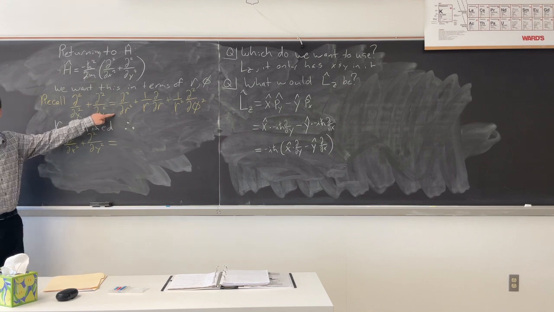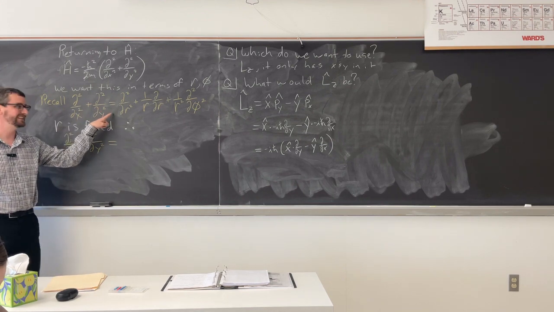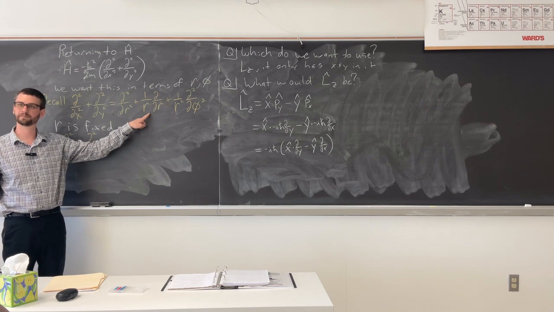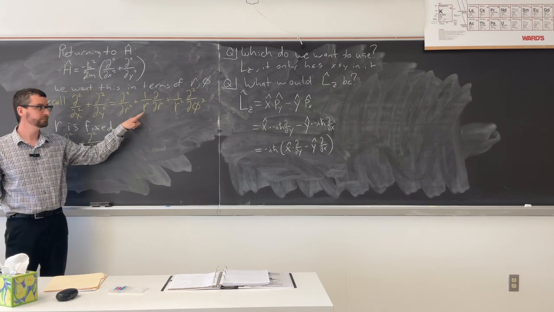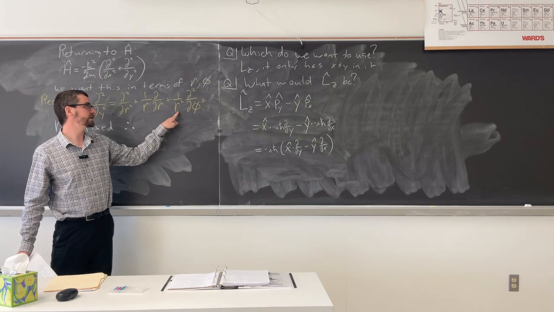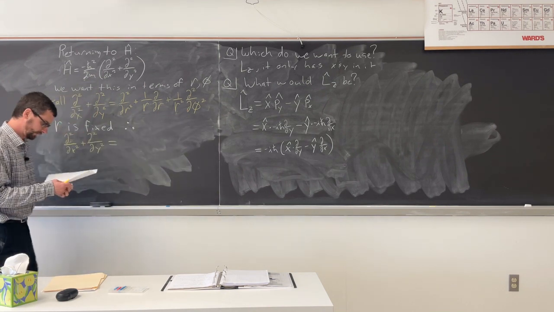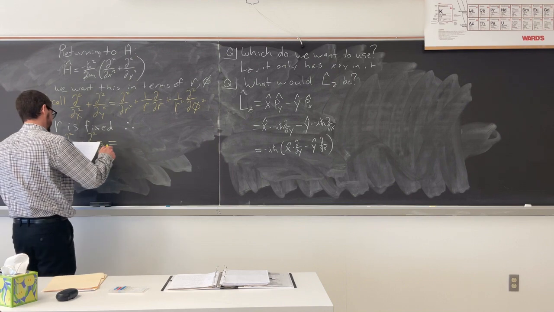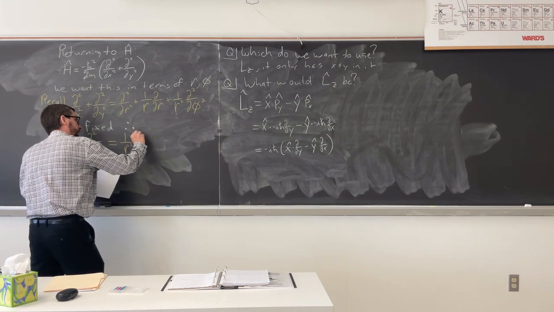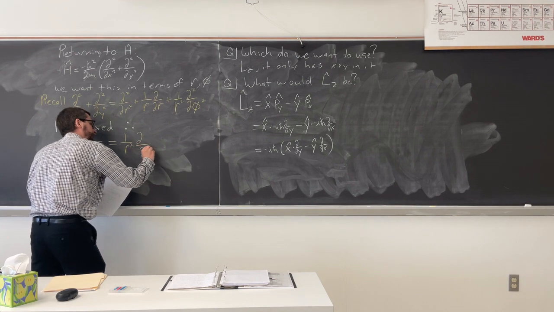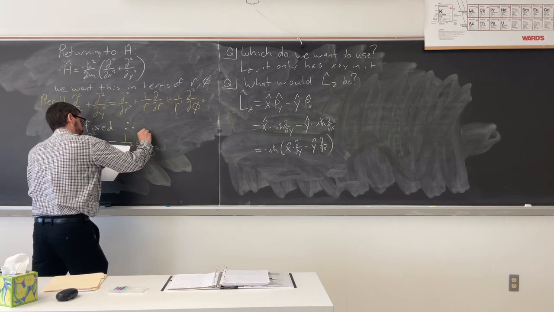Zero. Is it 0 or is it 1? 0 because it's a constant, right? What happens to this term? All just constants? 0. That's just a constant times this thing. So what we end up with, 1 over r squared, second derivative with respect to phi.